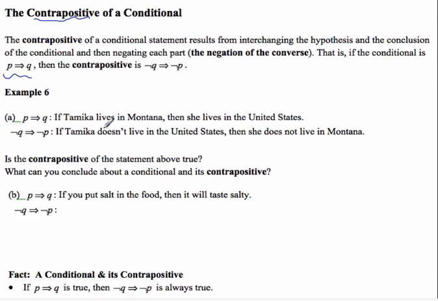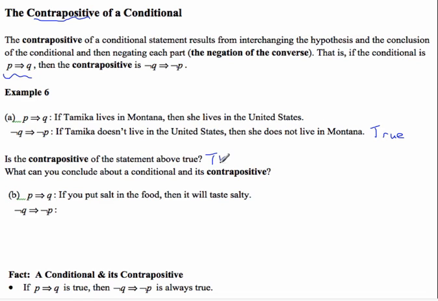So if Tamika lives in Montana, then she lives in the United States. That's the P implies Q. So not Q is, she doesn't live in the United States, then she doesn't live in Montana, which in this case is actually true. If she doesn't live in the United States, then she doesn't live in Montana, so that's true.